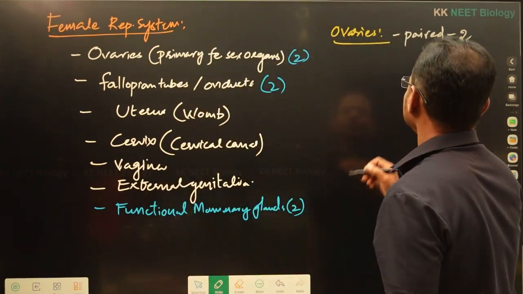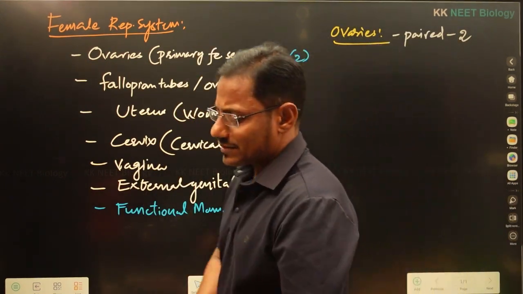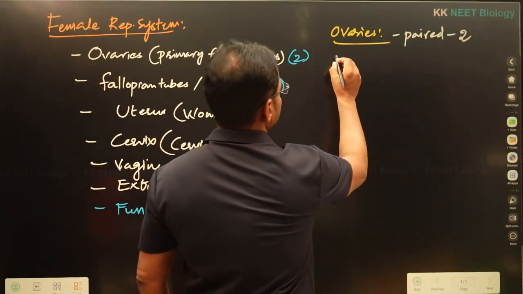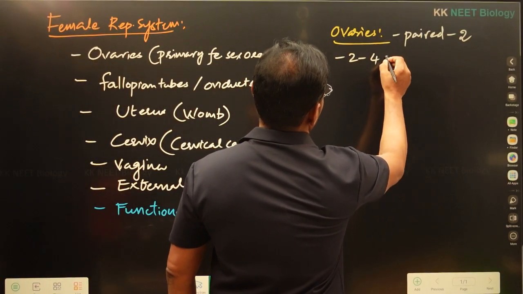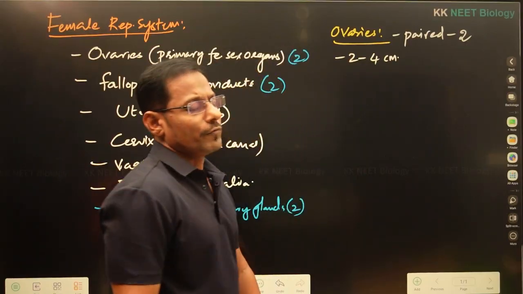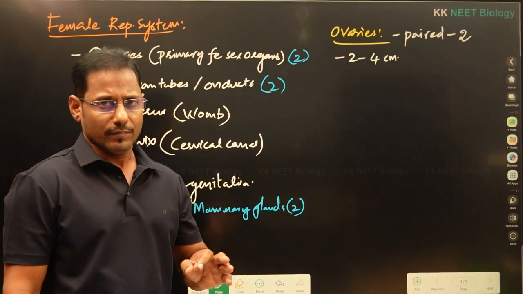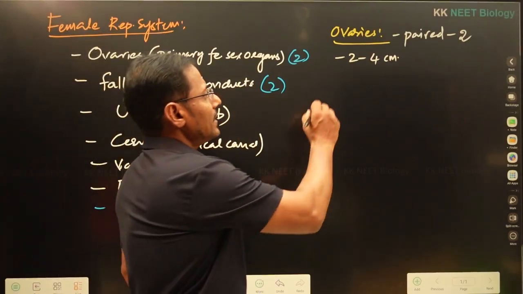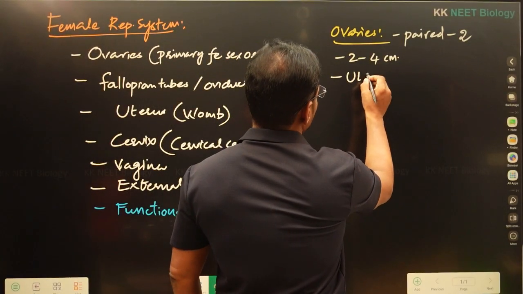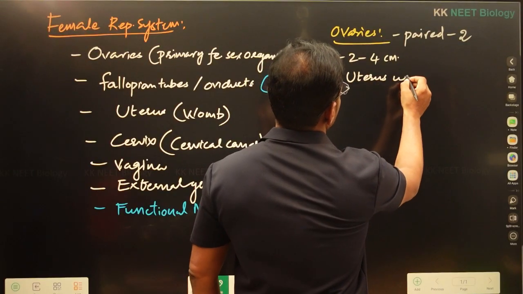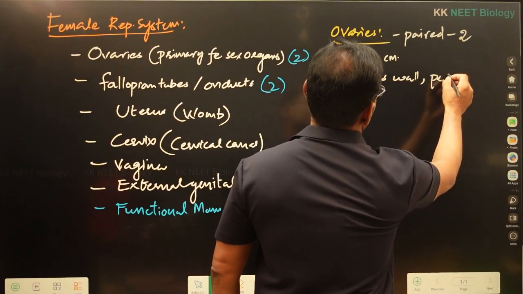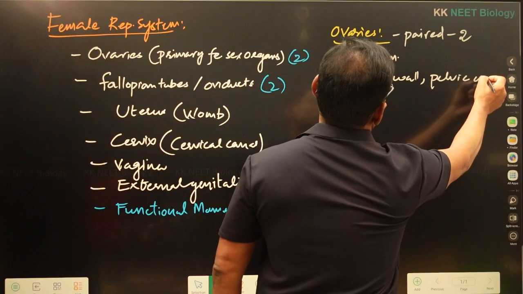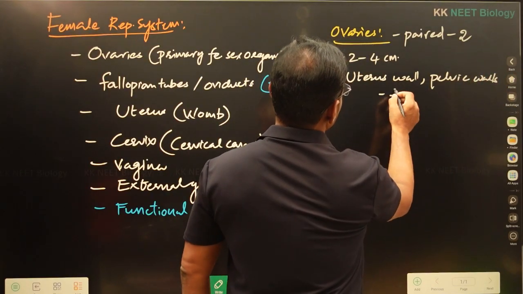The length of the ovary is generally about 2 to 4 centimeters, so fix it in your brain. It is attached to the uterus walls as well as the pelvic walls with the help of ligaments.